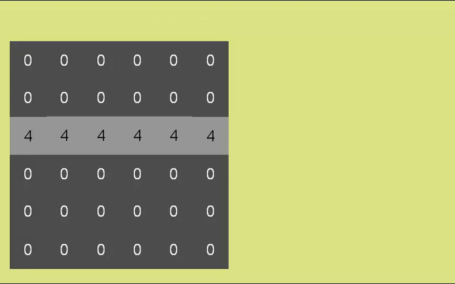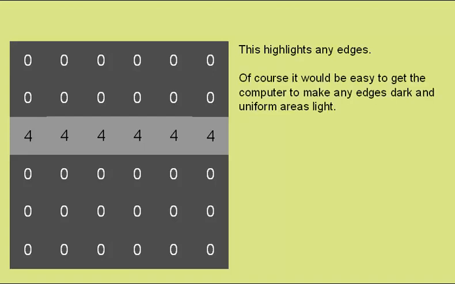So we get this effect. This highlights any edges. Of course, it would be easy to get the computer to make any edges dark and uniform areas light, if we wanted it to. This method is known as the Laplace rule.